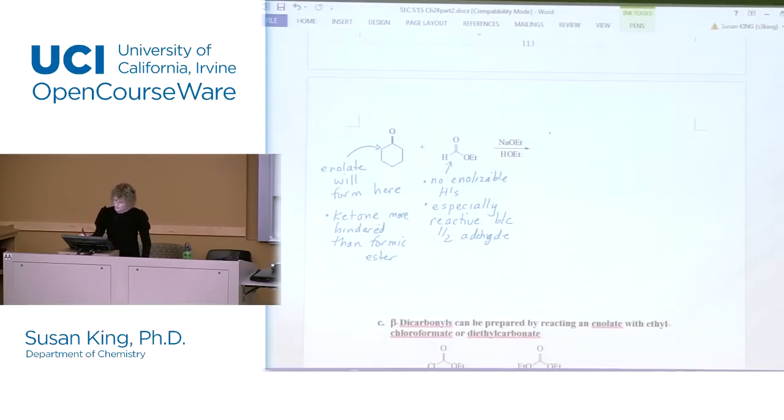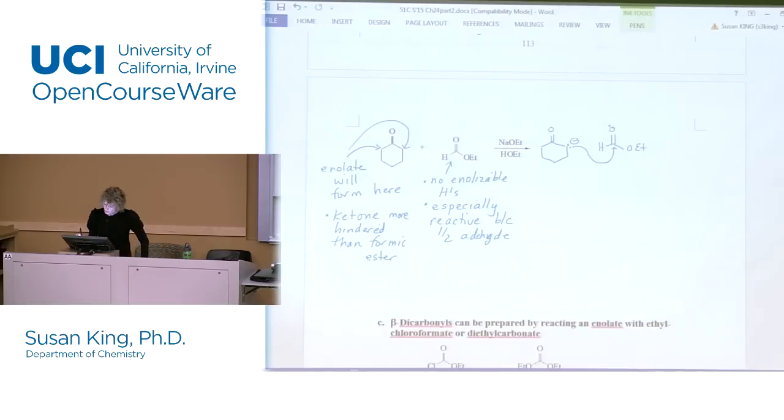All right, so let's go through the thought process here rather than just drawing the product. This is not the complete mechanism. So there's our enolate. You can go on either side here. Both sides are identical. And then we're going to attack the formic ester. So because we're attacking a type 2 carbonyl, we're going to have a leaving group.